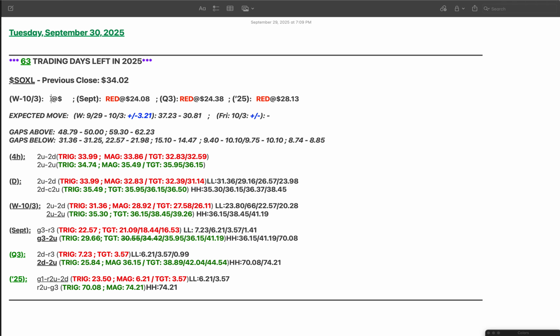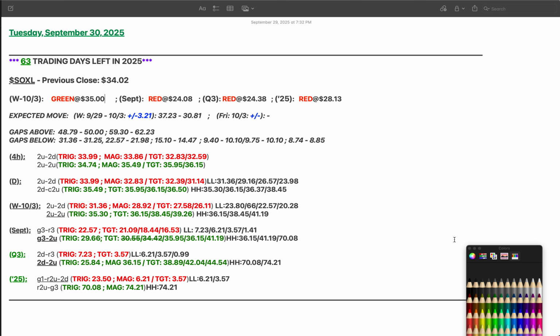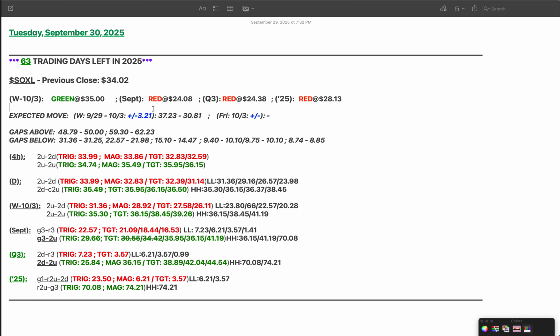So we'll say this goes green at 35 flat, and we gotta make it green so it makes sense. So we can see here that the week flips green at 35 flat, the month flips red at 24.08, the quarter flips red at 24.38, and the year flips red at 28.13.